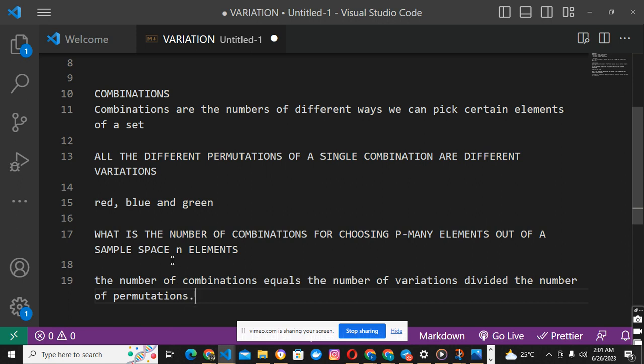Okay, let's leave it that way. So the number of combinations equals what? The number of variations divided by what? The number of permutations. So this is what we are saying.